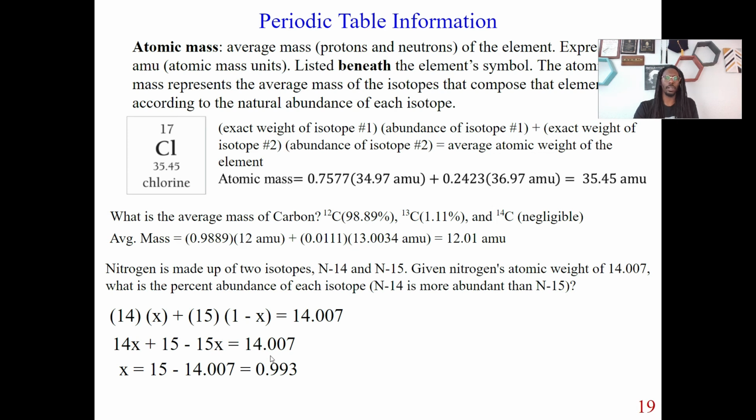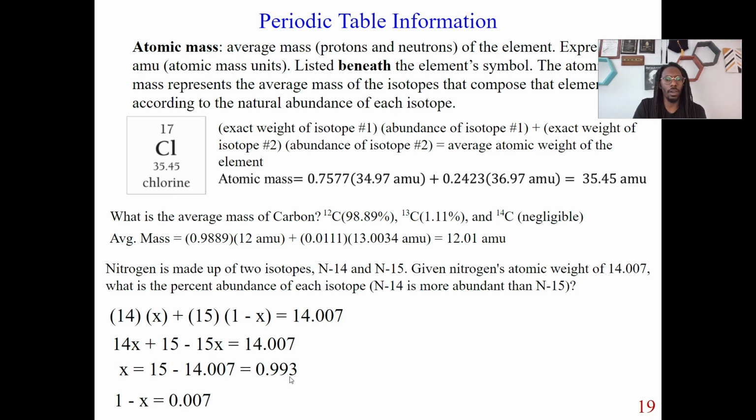However, I want to get this isolated, so I need to subtract my 14.007 from my 15 over here. So in order to get x by itself, this is what we have here. Okay, so my x is by itself, and then we have 15 minus 14.007. Do the math, that's going to be 0.993. Okay, so my x is 0.993.